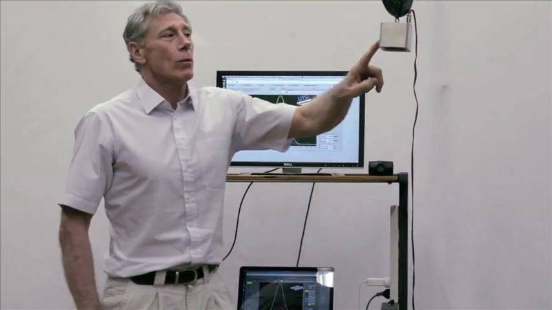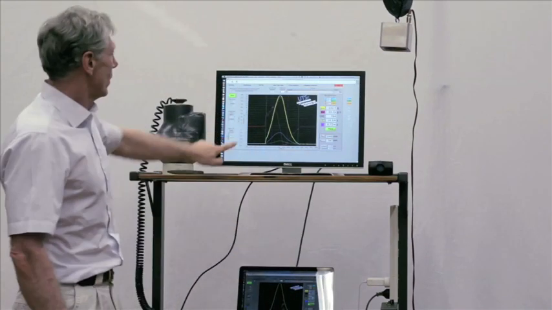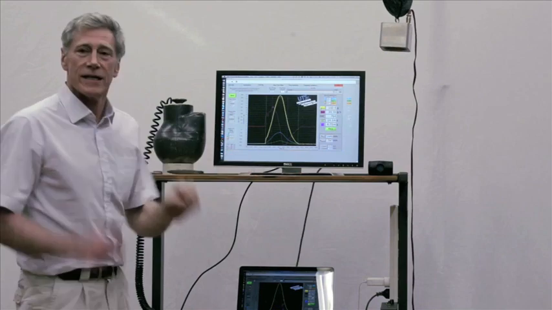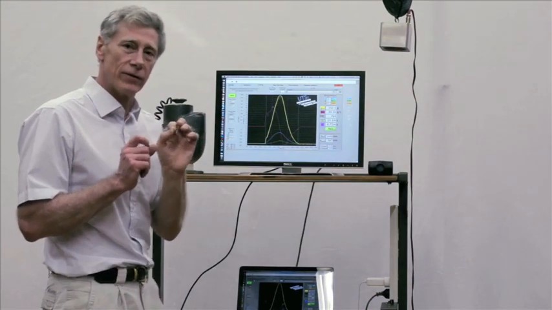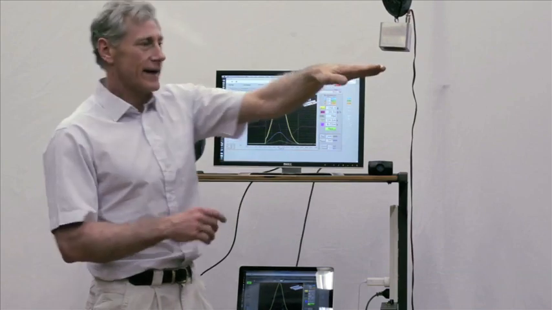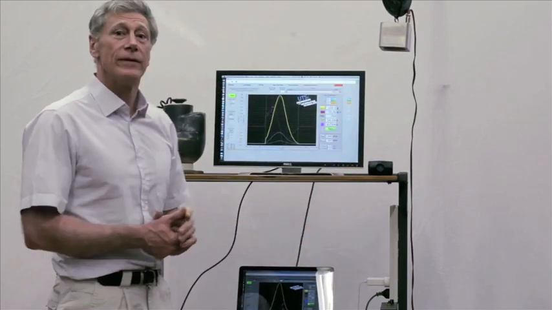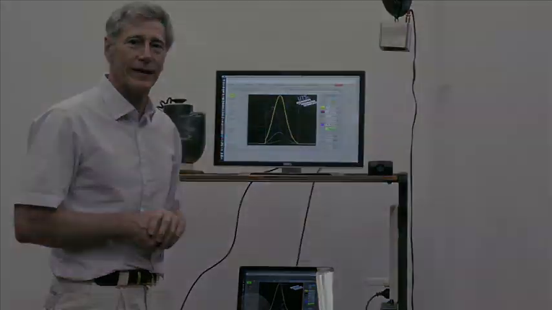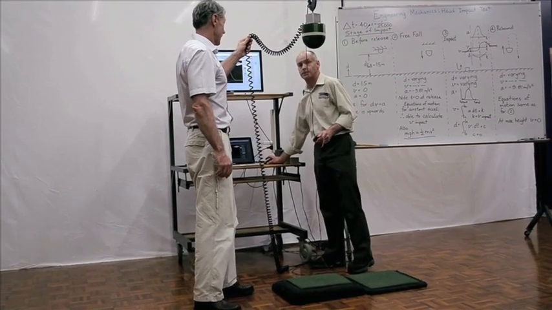Now, I said that we know when it releases, and we also know when it contacts. So we have a time over which the fall happens, and from that time we can calculate the height using equations of motion. So why don't we do a demonstration, Chris?